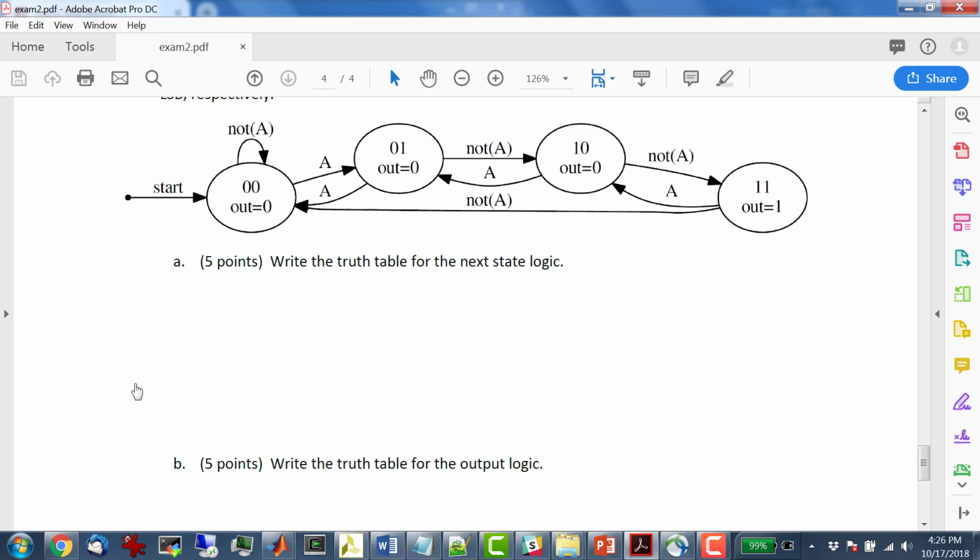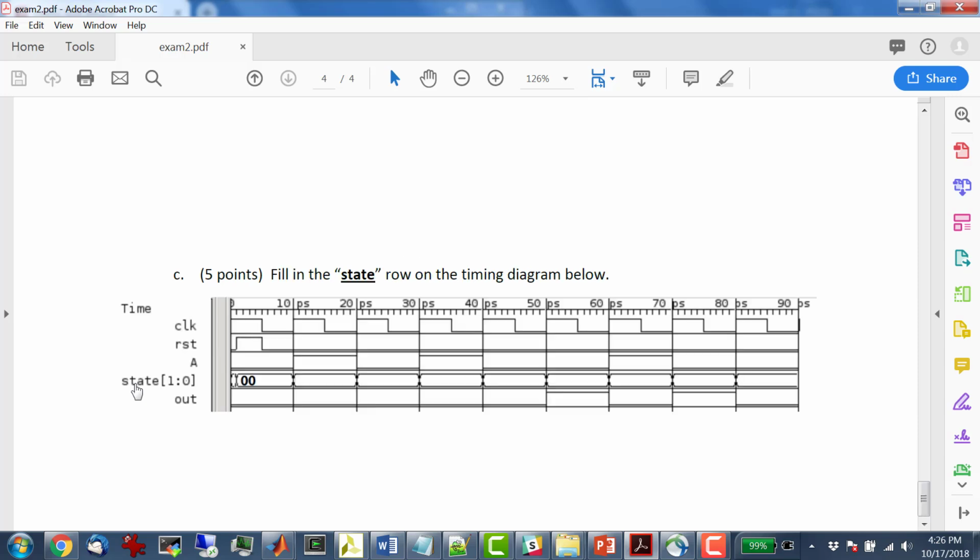Actually, it would be helpful if I had a column here for A, too. Let me put A. So A is 0 in the first cycle, right? And then it's 1, 0, 1, 0, 0, 1, and then 0, 0.